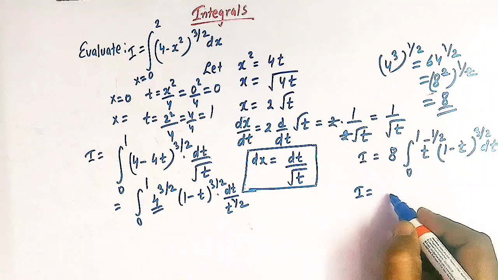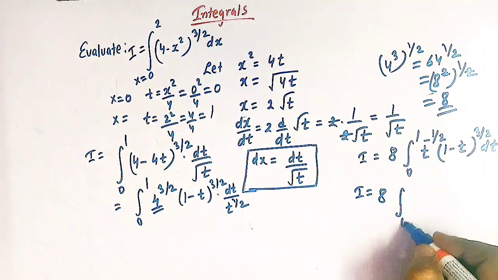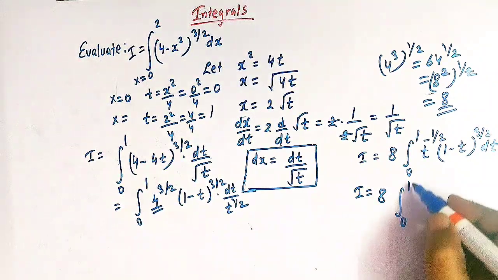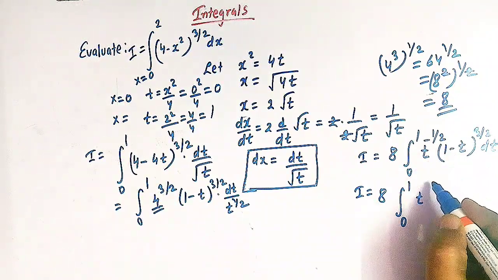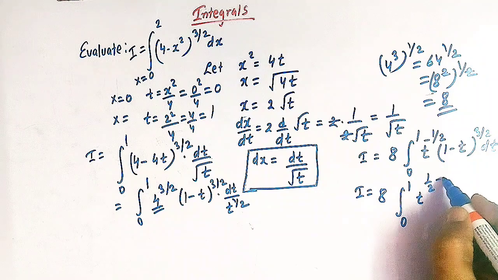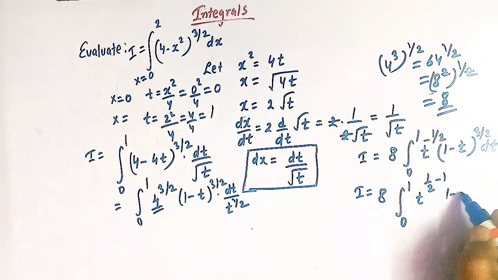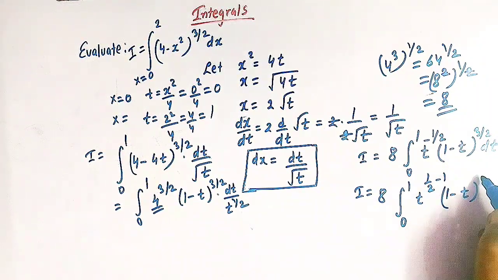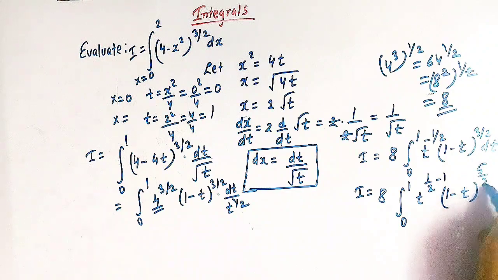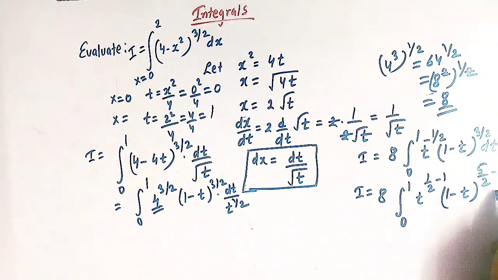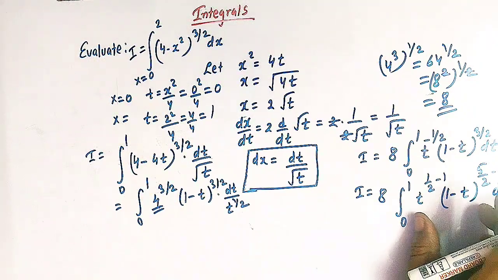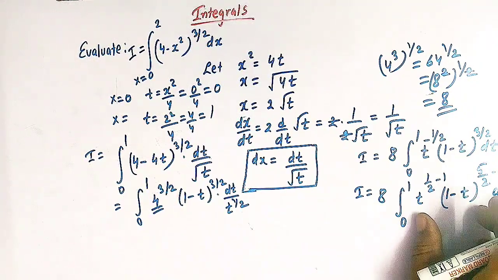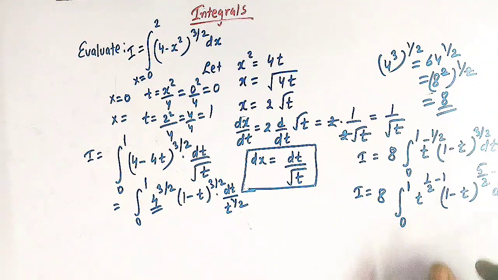Okay, now let us rewrite this integral as 0 to 1. t raised to minus half can be written as t raised to half minus 1, and here we have 1 minus t raised to 5 by 2 minus 1, and here we have dt, right? So now we have converted this integral into the beta function.